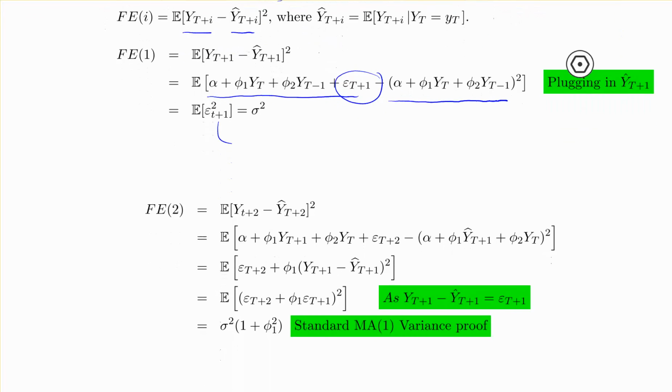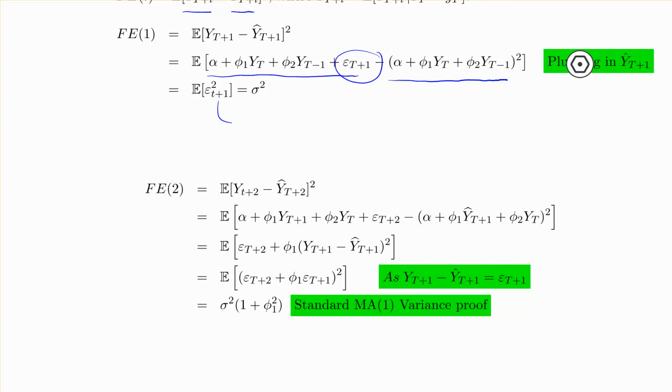Okay, and the same for the forecast error at time period 2. It's the variance of the sample predictor. Again, plug in YT+2, and this here is the best predictor. Now, we're going to be left with epsilon t+2, plus phi1 of YT+1, minus the predictor.